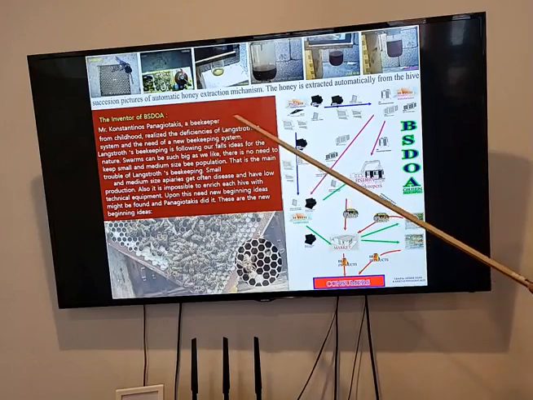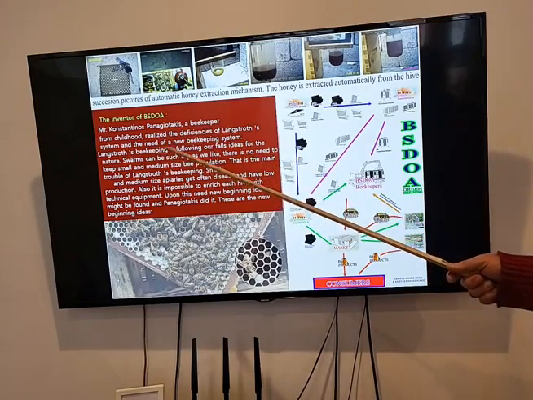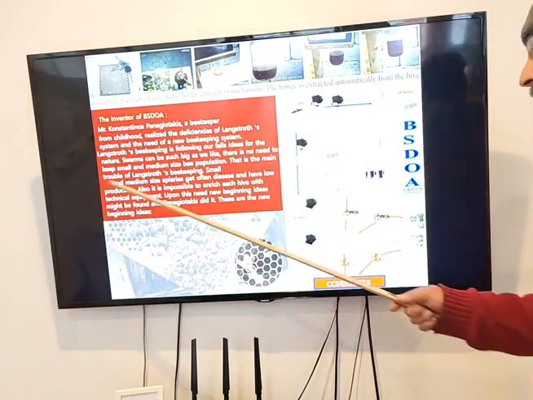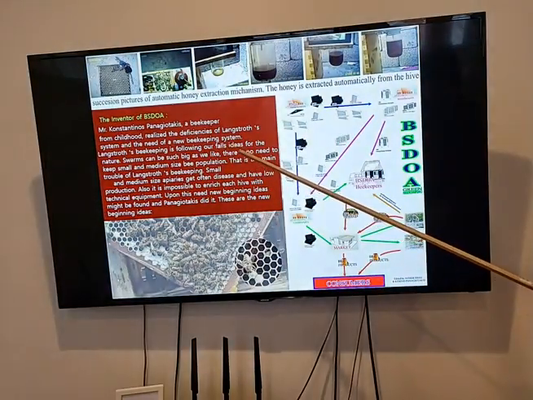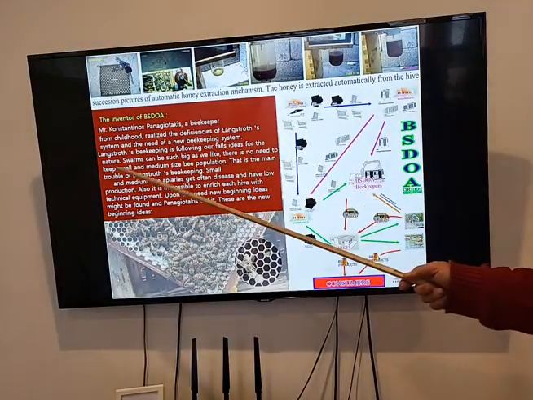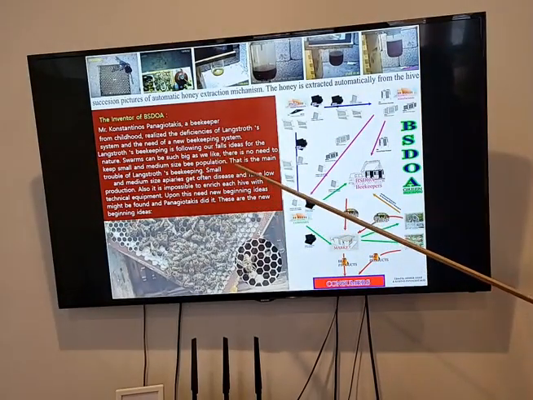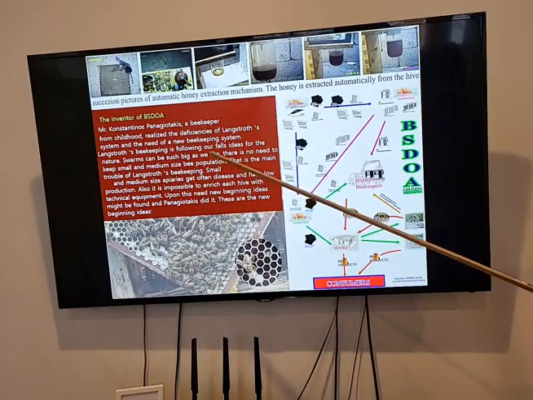So Mr. Konstantinos Panagiotakis, a beekeeper from childhood, realized the deficiencies of Langstroth's beekeeping system and the need of a new beekeeping system. Langstroth's beekeeping follows our false ideas about nature. Swarms can be as big as we like. There is no need to keep small and medium-sized bee populations.